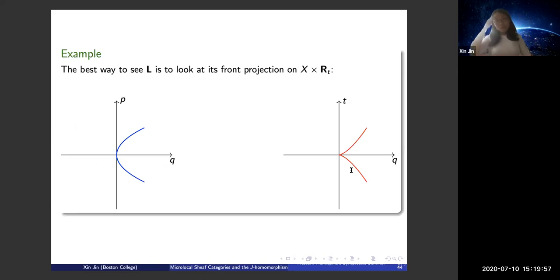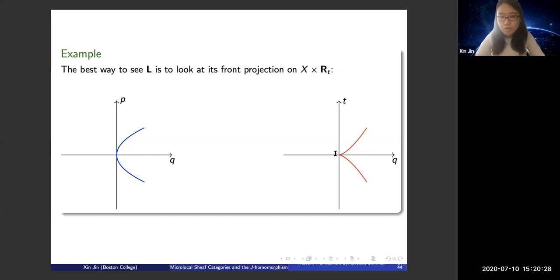So the best way to see this conical Lagrangian, which is equivalently a Lagrangian in that contact hypersurface, the one-jet space, is to look at its front projection, to X times R_t. This is a picture where you have the Lagrangian L, the original one in the cotangent bundle of R. And when you do this lifting, its front projection is of this figure.